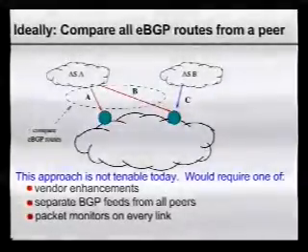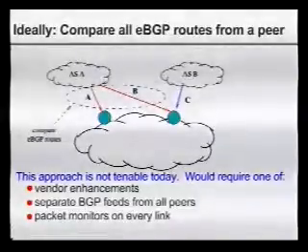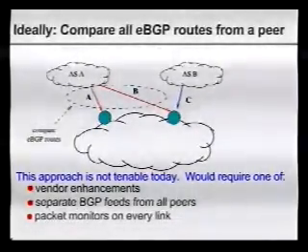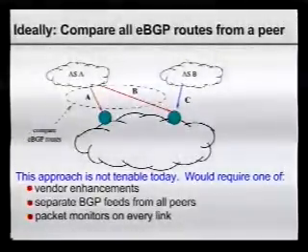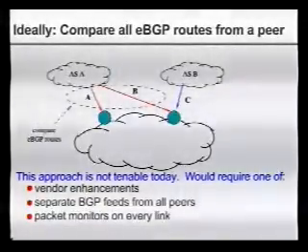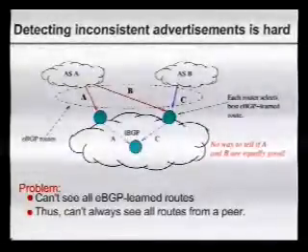That approach doesn't really instill a lot of confidence in me. The third is that you could take packet monitors on every one of these links and then see what's actually coming on those eBGP sessions. It's unfortunate that we don't have any of these things, because this problem would really go away if we could get just one of them. So what can we do instead?